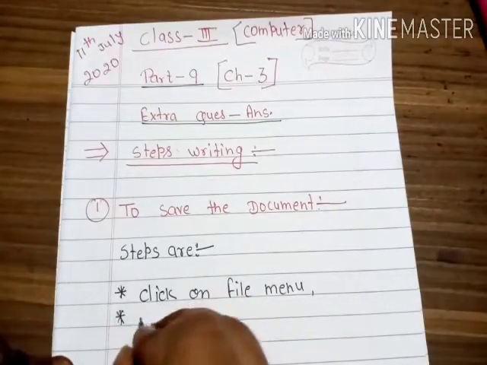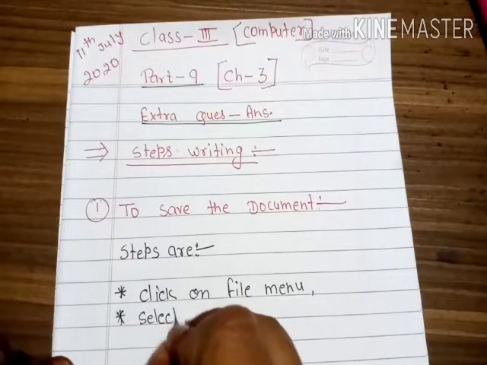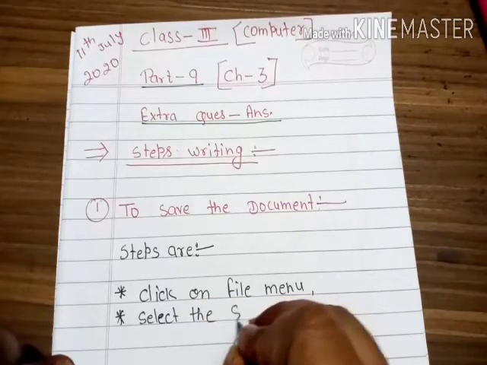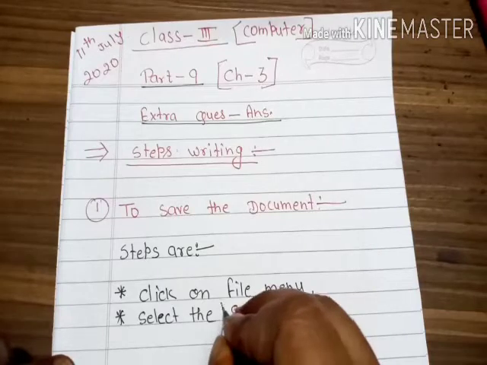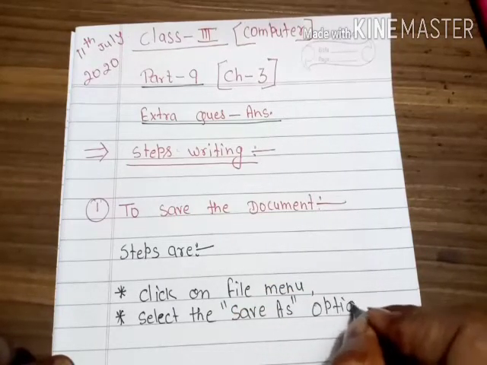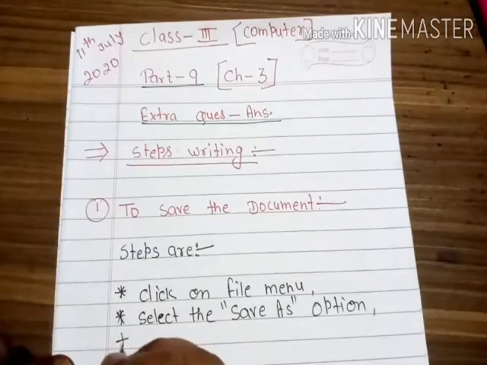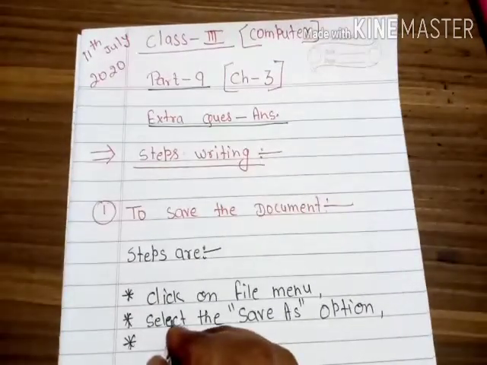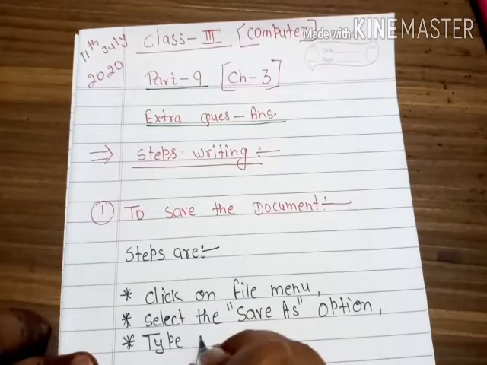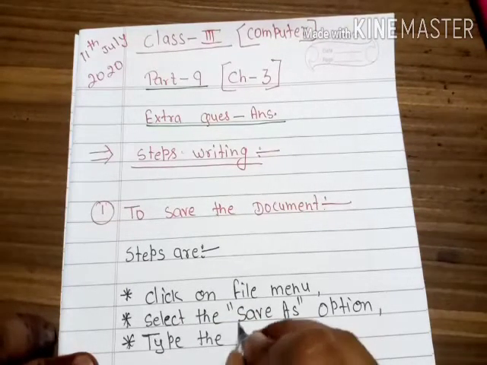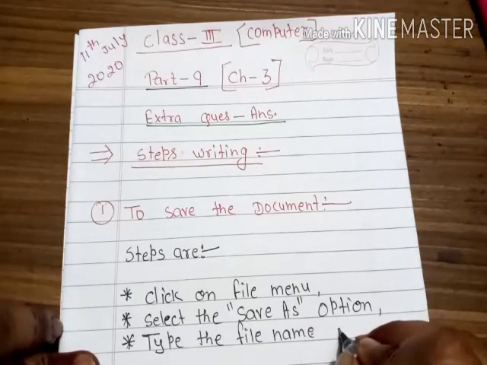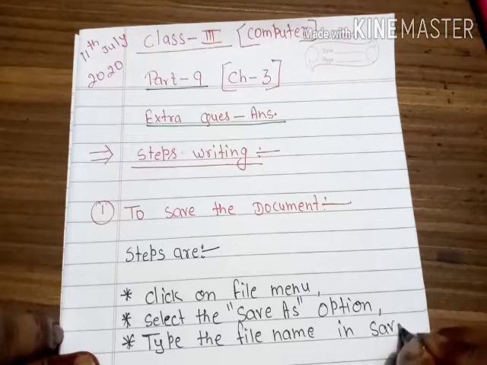Number 2, select the save as option. Save as option, then type the file name in save as dialog box.